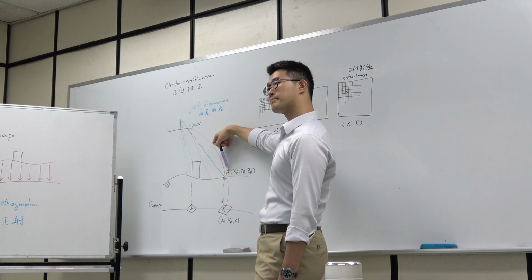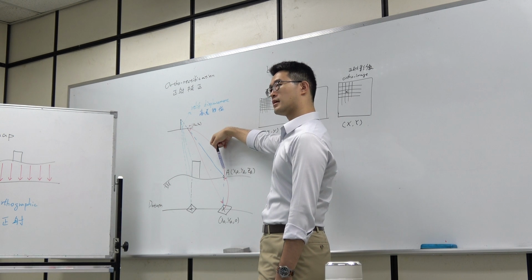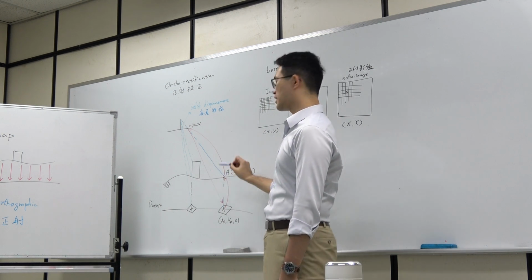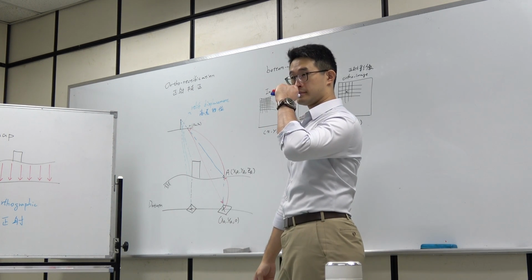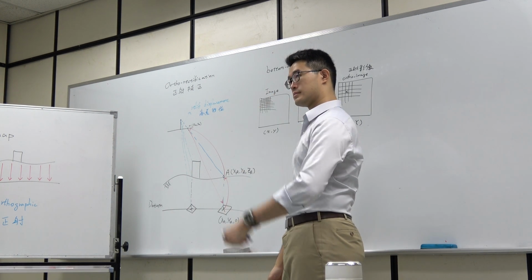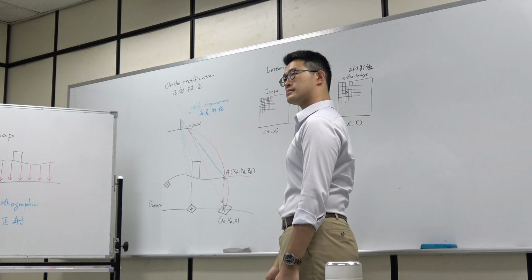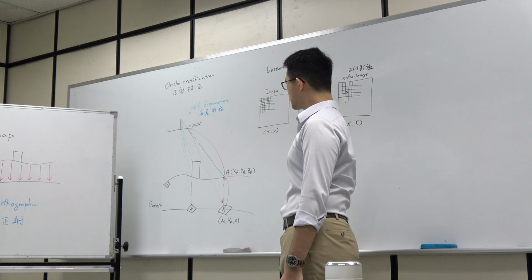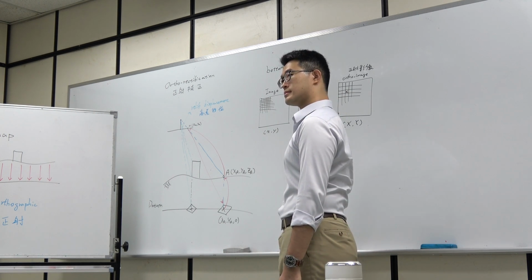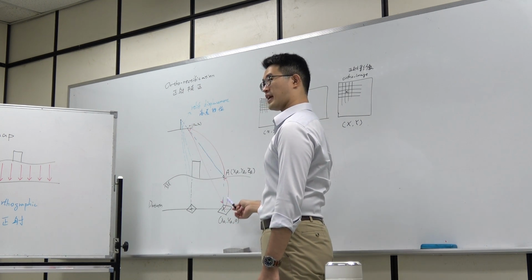Project to the point. Why do we need to project to here? Because there is an angle from small a to the map. Small a to the map, at an angle.